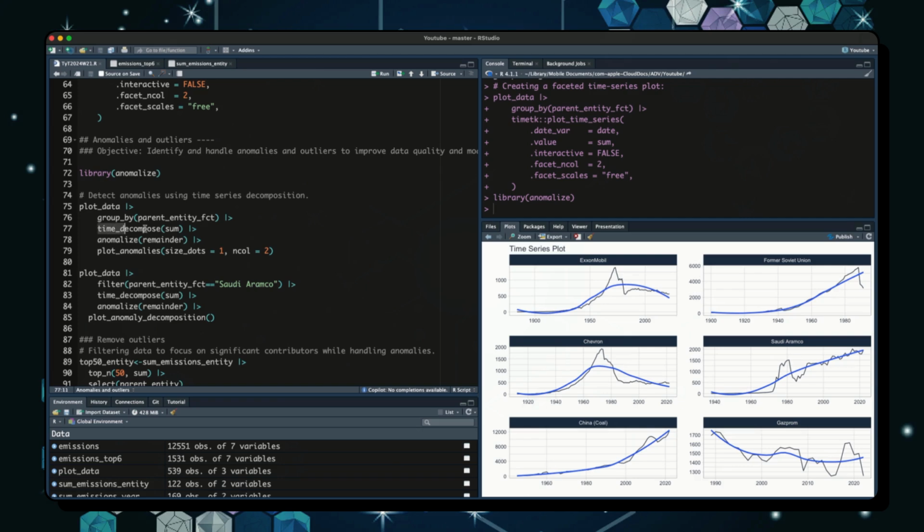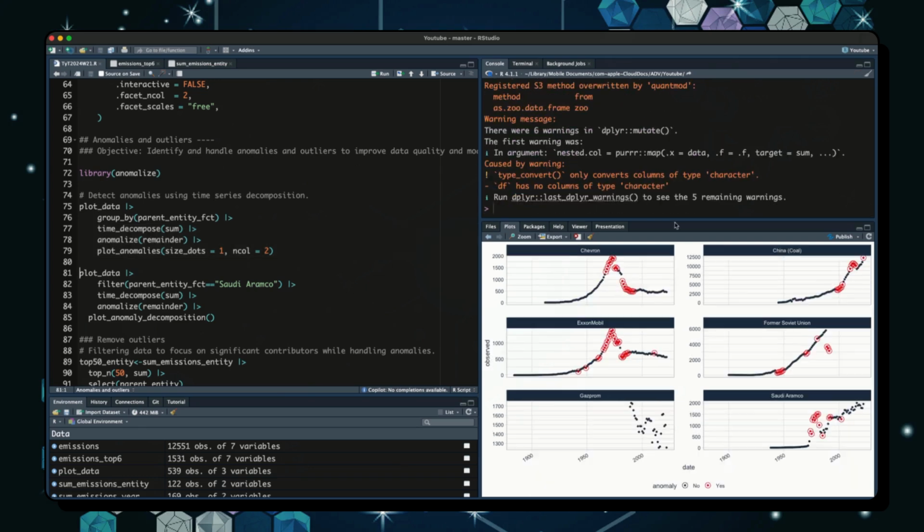And we need to apply 3 functions of the Anomalies package, so a time decomposition, an anomalize, and a plot anomaly, which gives us this beautiful graph here on which each red dot represents something that could be an anomaly.